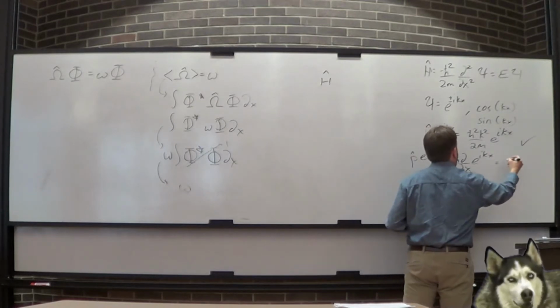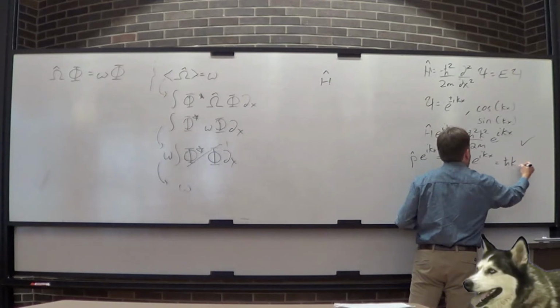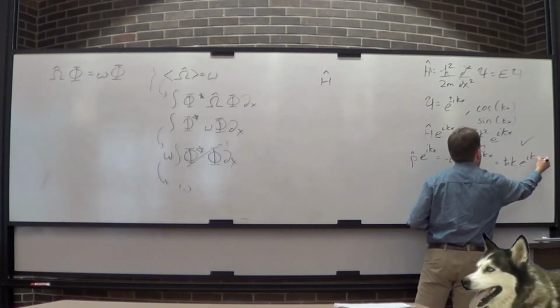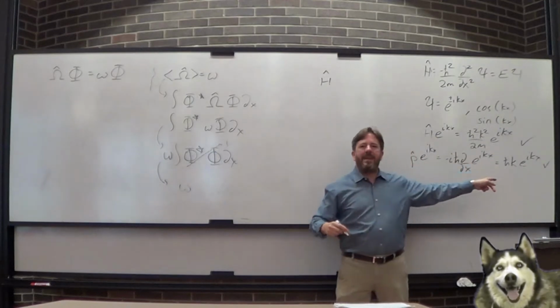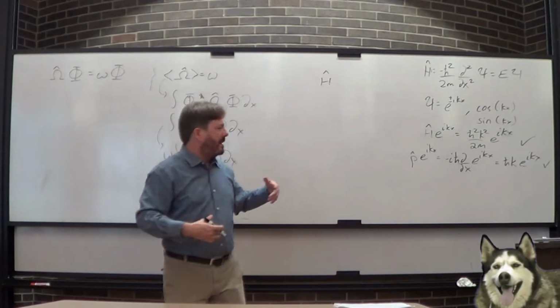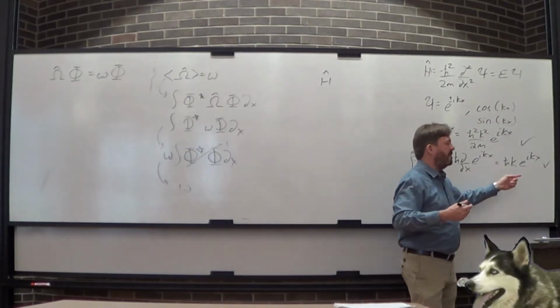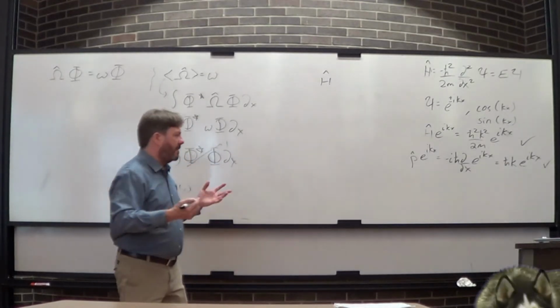Okay, so this guy is good. What you end up with is h bar k times e to the ikx. So that's also a pass. So I know the energy and I know its momentum, and that's how I also know that that's a particle that's moving to the right. That's its wave function, and it has a positive momentum. So that has to be moving to the right. And a left wave would have a negative momentum.